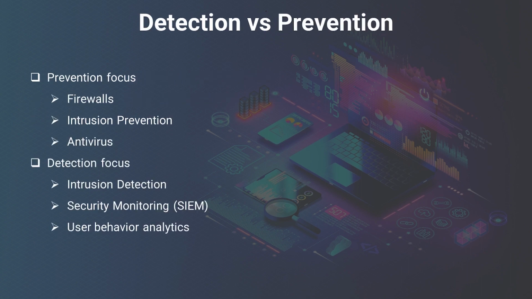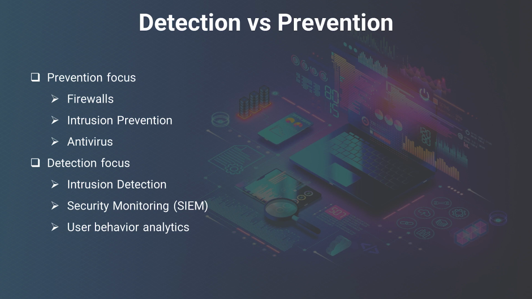Let's talk about intrusion detection versus intrusion prevention. Detection and prevention are two fundamental concepts in cybersecurity that work together to provide a comprehensive approach to security. Detection refers to the ability to detect and respond to security threats, while prevention refers to the ability to prevent security threats from occurring in the first place.